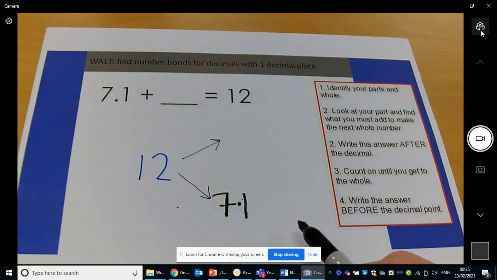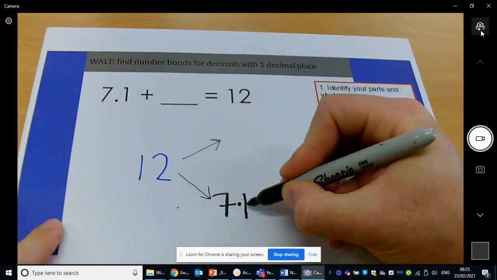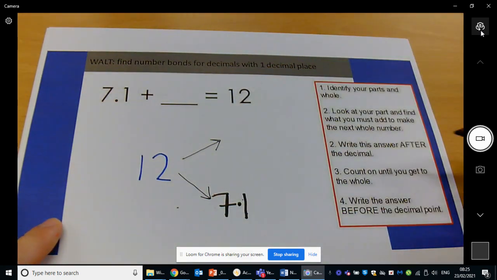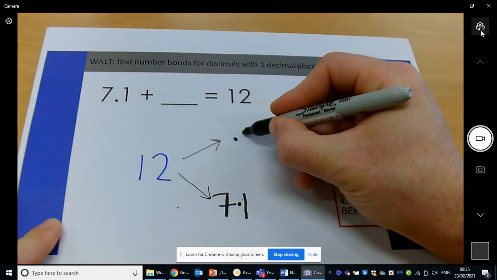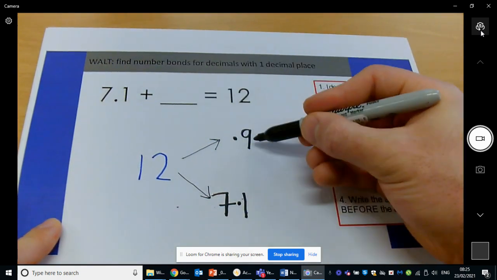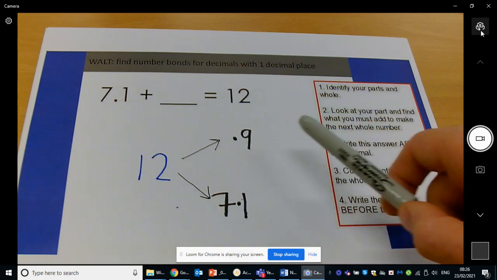In order to get to the next whole number, what am I going to need? Hopefully we can instantly grab that and say that is going to be 9, because we know that 9 plus 1 is 10. Therefore, that's what we write after the decimal point. 1 and 9 is 10. So the next whole number after 7.1 is 8.